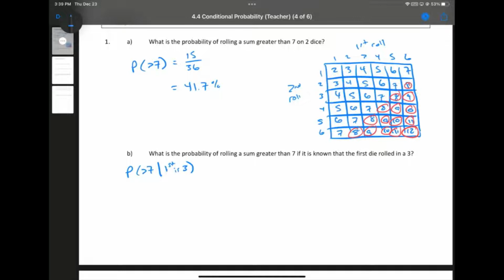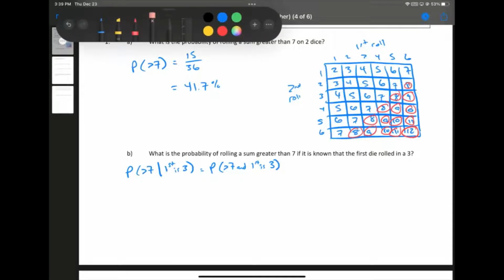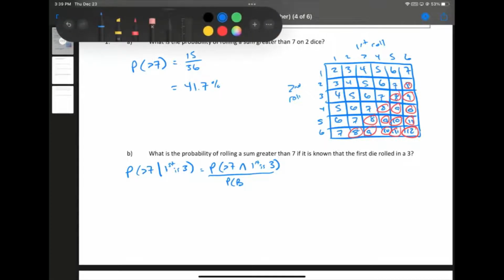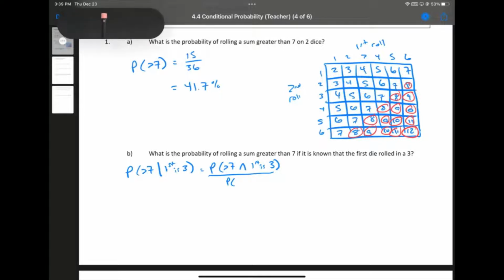And we said that that's equal to the probability of both greater than 7 and first is 3. I could have used the intersect symbol instead of "and." Actually, I probably should, just to be more proper with our equation. But really, that's what the intersection means: both criteria have been met, divided by the probability of B, which we actually know is that the first number is a 3.